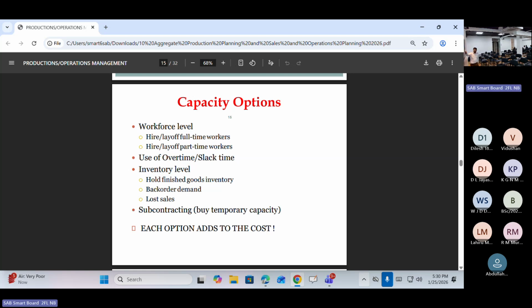Coming to inventory related capacity options, the most common option is using the finished goods inventories and thereby releasing products from the inventory to meet the market demand. Back ordering demand is another inventory related option.